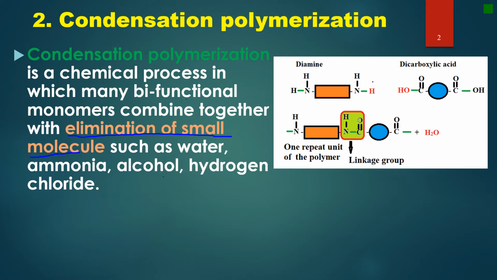They combine together by losing hydrogen for the amine functional group and then OH for the dicarboxylic functional group. They form a molecule of water as a byproduct, and then there is a polymer which is formed.